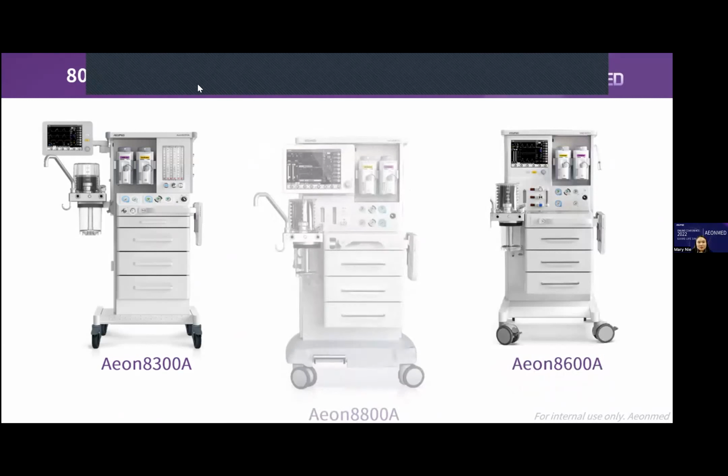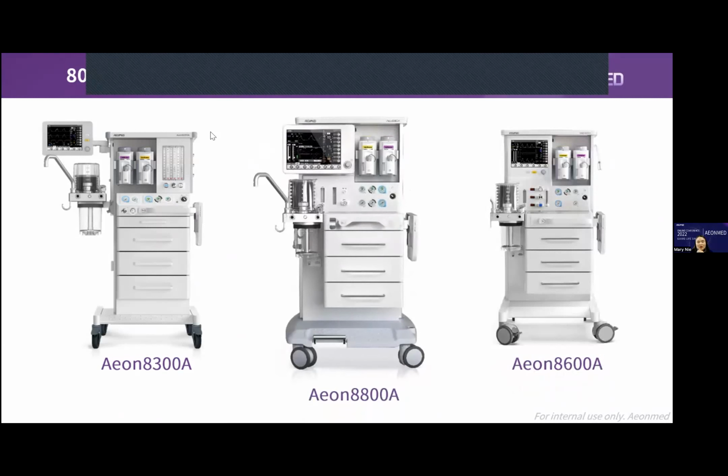Yeah, this is our 88,000 series Aeonmed anesthesia workstation. Eon 8300A here is a very compact design for different size ORs, and our 8600A and 8800A, it's up to you which one to choose.